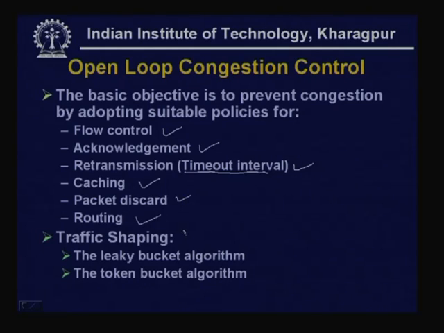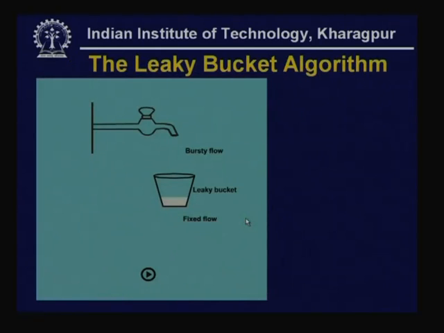Now, let us consider two important techniques of open loop control. One is the leaky bucket algorithm, another is the token bucket algorithm. Here, some kind of traffic shaping is done so that the network is not congested.